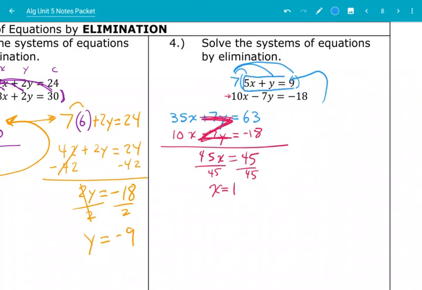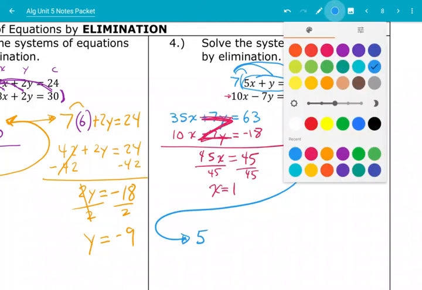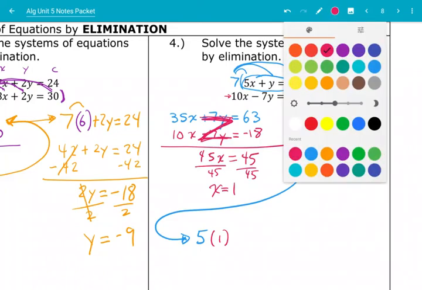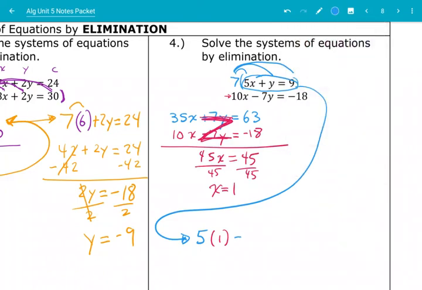Yeah, this one right here, the 5x plus y. Those have the smallest numbers, so I won't have to break out my calculator. So let's bring this down right here. 5 times x, which is 1, plus y equals 9.